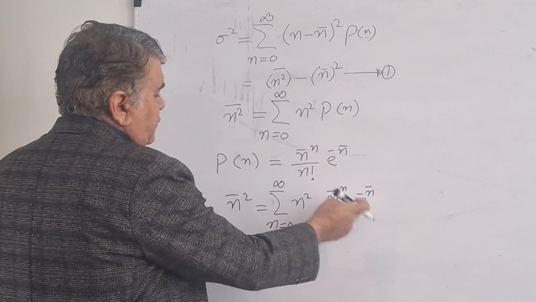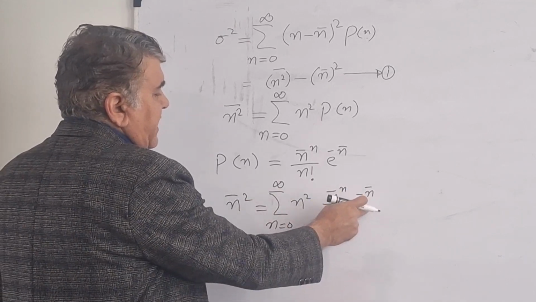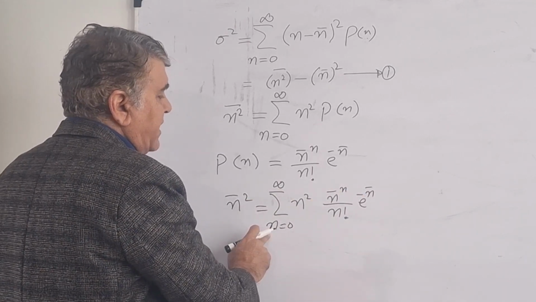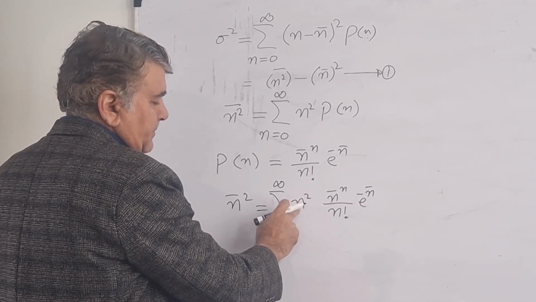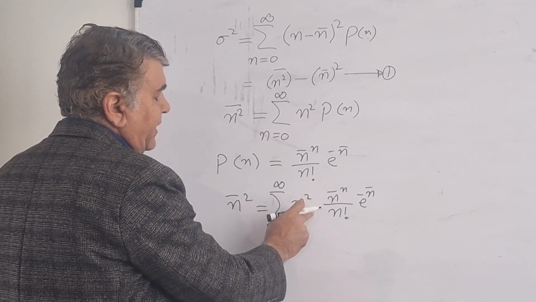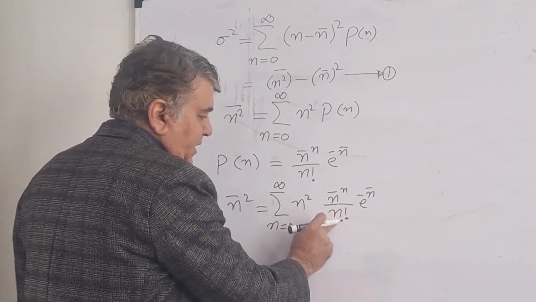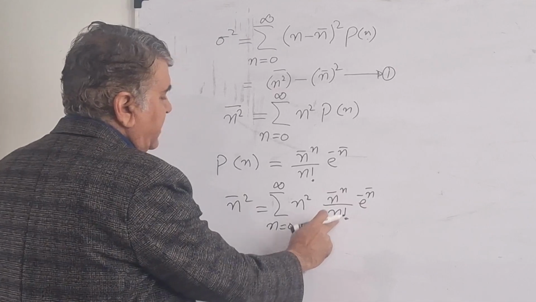Okay, I can take this to the left of the summation because it is independent of the summing parameter, and I split this n squared into two factors, that is n times n, and similarly I factorize this into two terms.